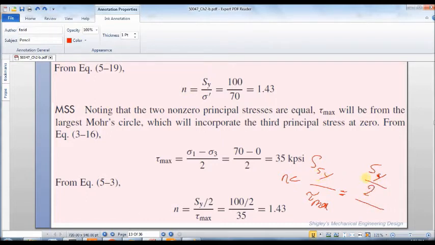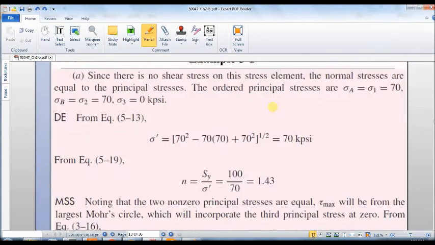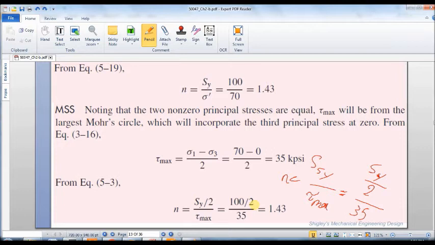I explained why this is equal to this, and tau max we have already found is 35, right? The yield strength of the material was 100 in the problem statement. So 100 divided by 2, and divide by the maximum shear stress. So the safety factor is 1.43.